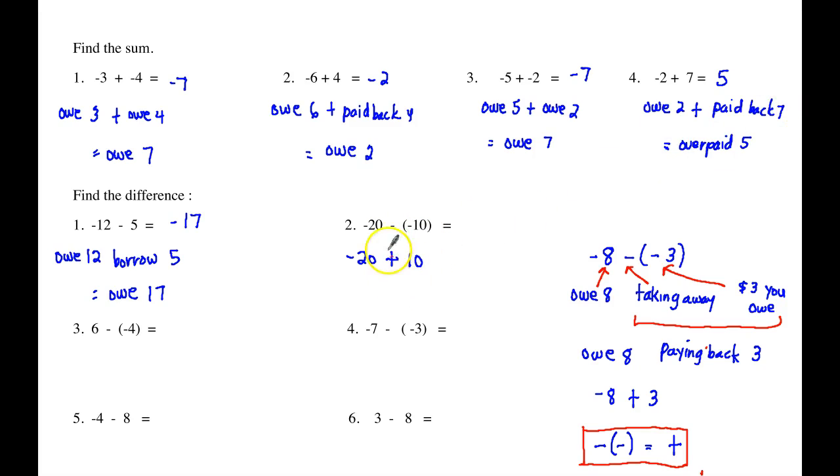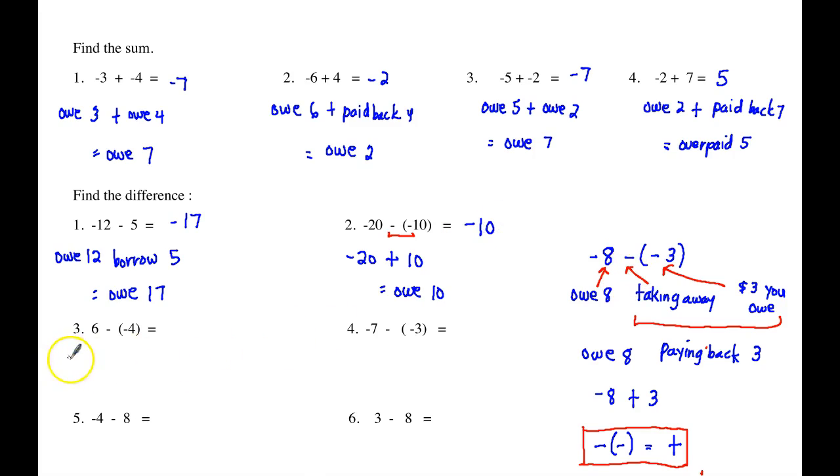Minus negative will change to addition. So you owe $20, you paid back $10. Now you still owe how much? You owe $10, which in math is negative 10.